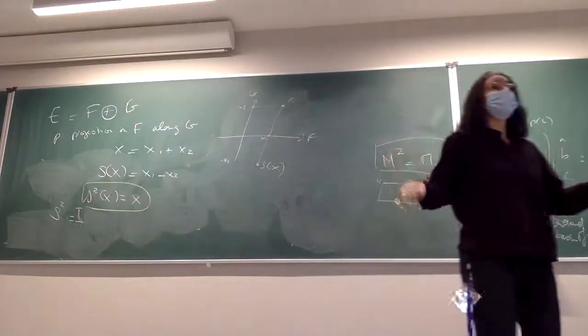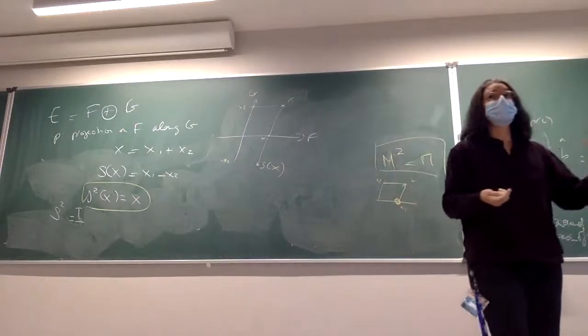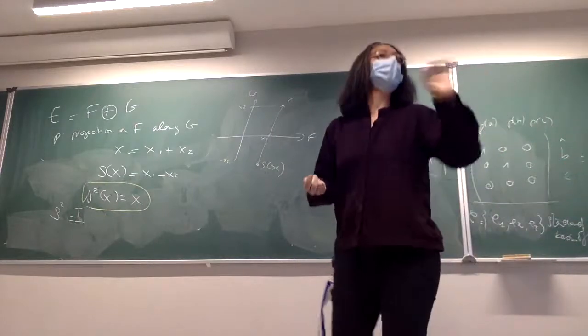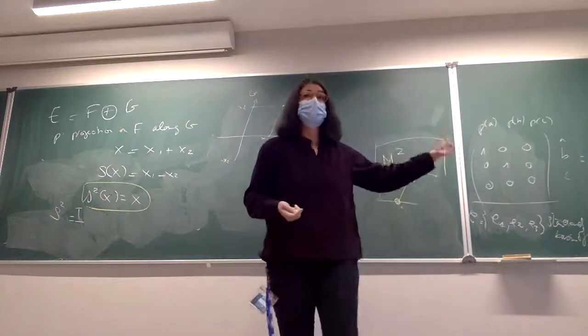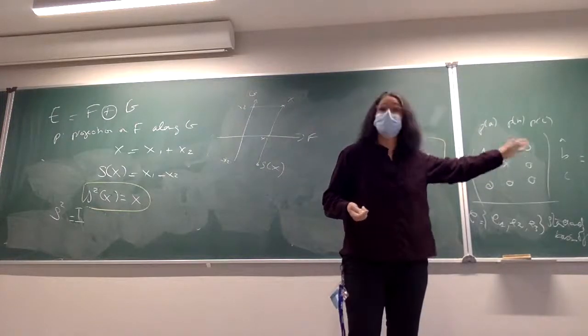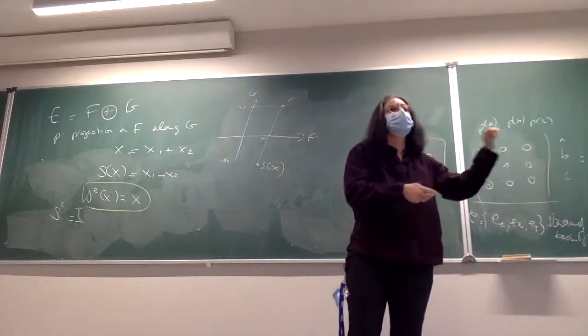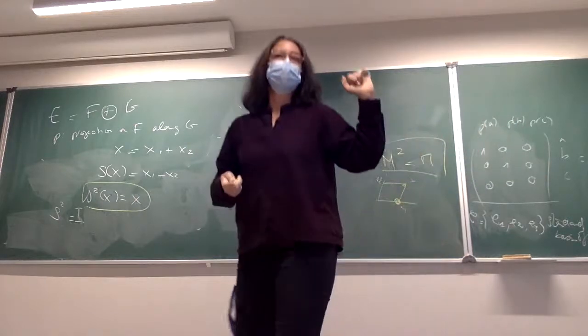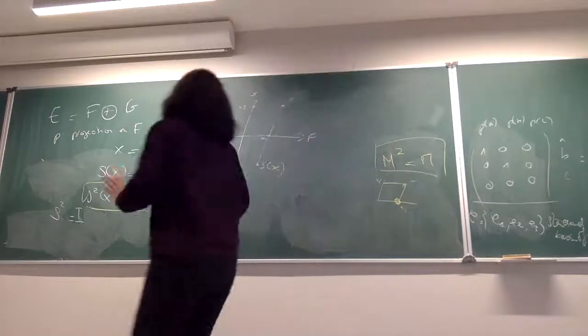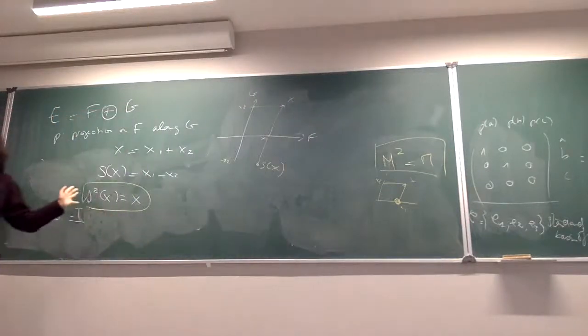Once you have identified it, you find the F and G spaces, either using the eigenvalues 1 and 0 for the projection, where the kernel corresponds to eigenvalue 0 and the image corresponds to eigenvalue 1. And for the symmetry, let's look for it. What are the eigenvalues that we're going to have?